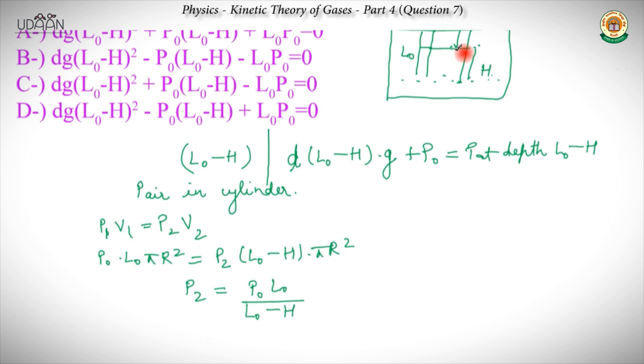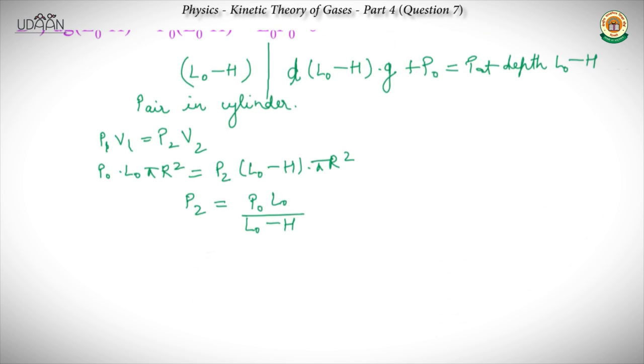Now since they are at the same depth below the water surface, the pressure would be the same. So we equate those two pressures. P naught L naught divided by L naught minus h would be equal to D, which is the density, into L naught minus h into g plus P naught.